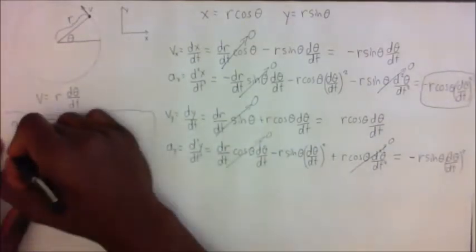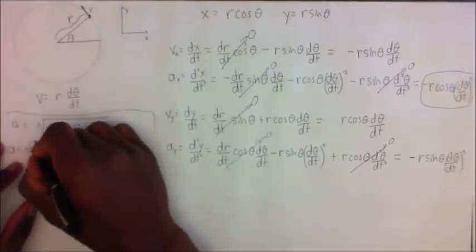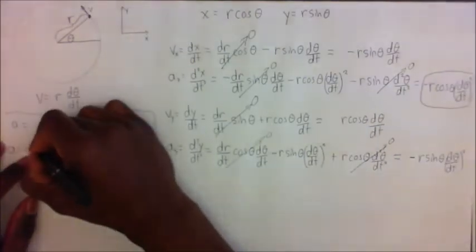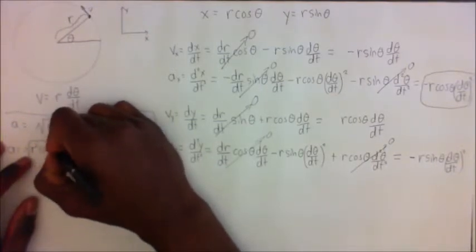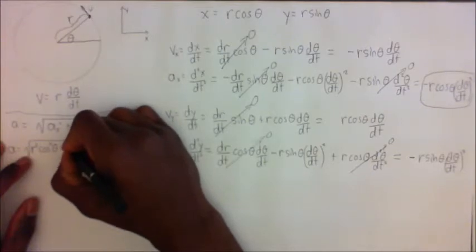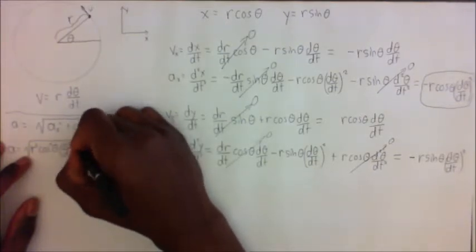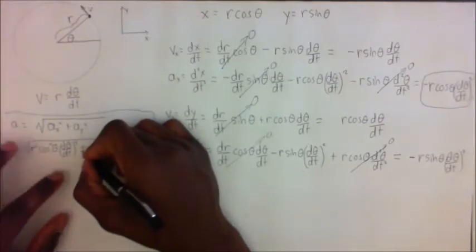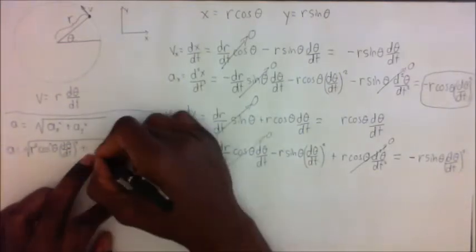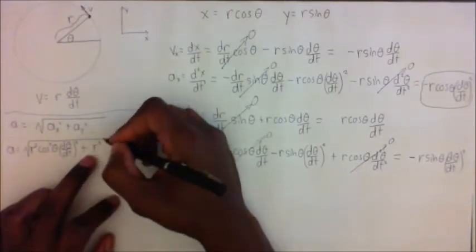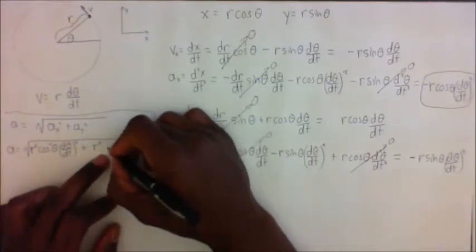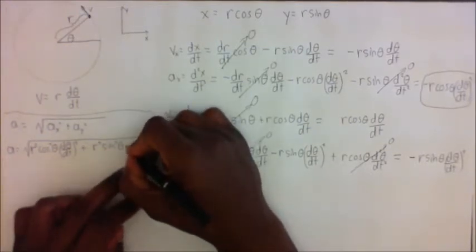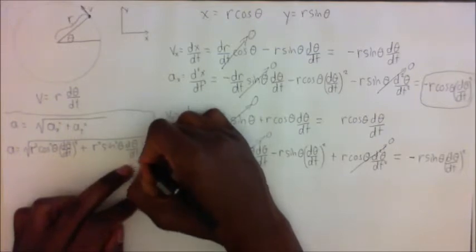So the total acceleration is going to be the square root of, in this case the negative sign is going to disappear, r squared cosine squared theta d theta over dt to the fourth, and again the negative disappears, plus r squared sine squared theta d theta over dt to the fourth.